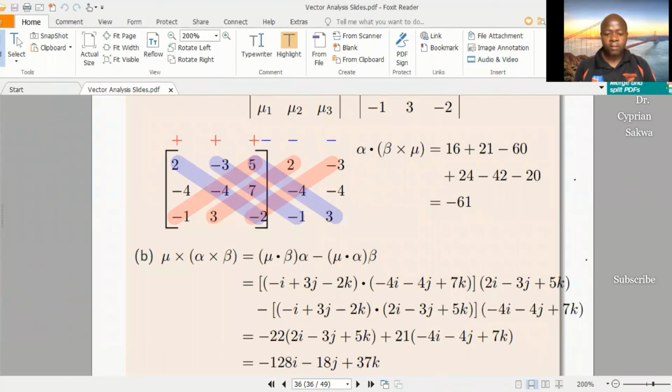So you can follow this working. It's very easy, and that is how you get the scalar triple product and the vector triple product. That's how we do that. The other question was left for you as an exercise.